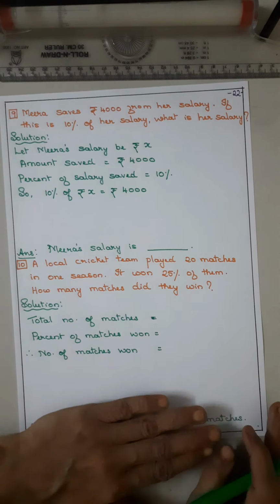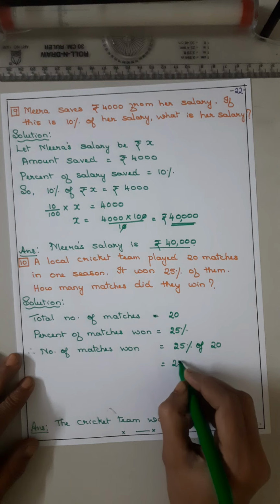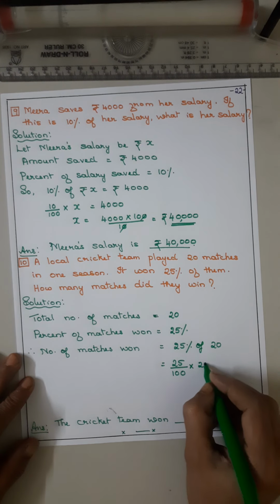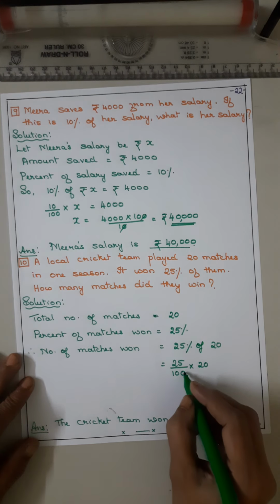It is 20. So 25/100 into 20. 0 0 cut. 20 1s are 20, 5 5s are 25. So the answer is 5. 5 matches. The cricket team won 5 matches.